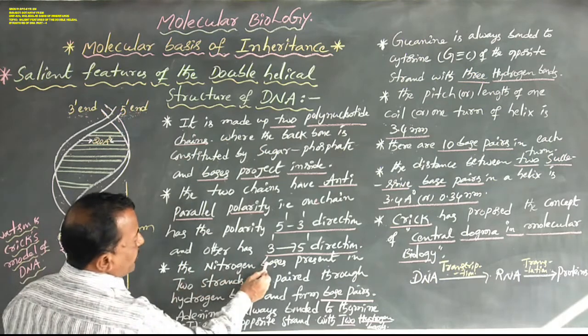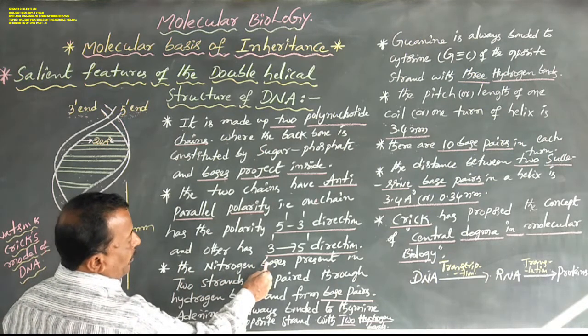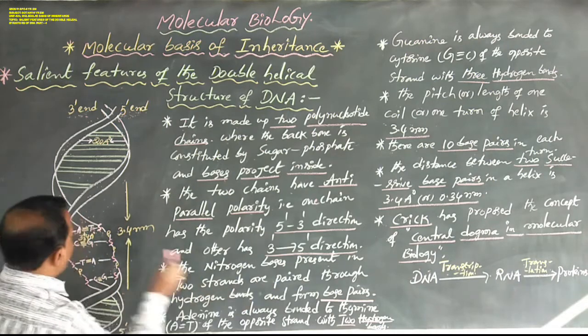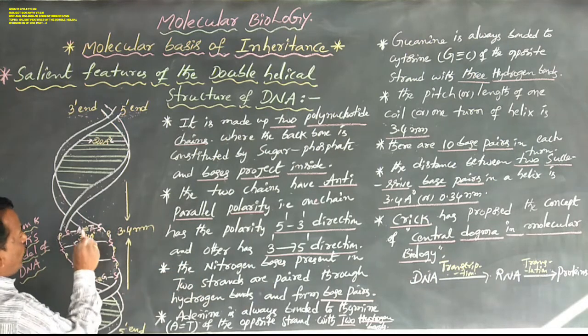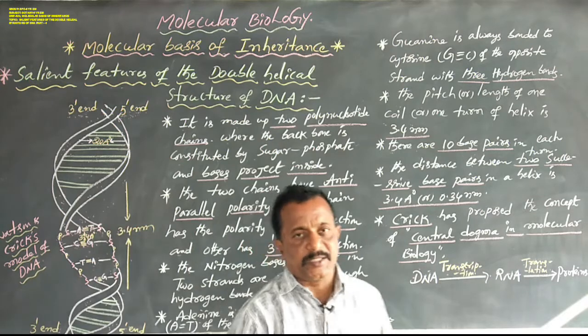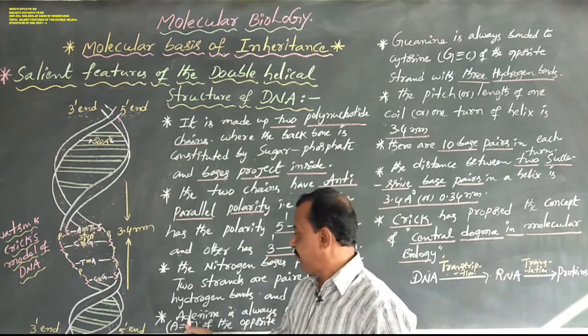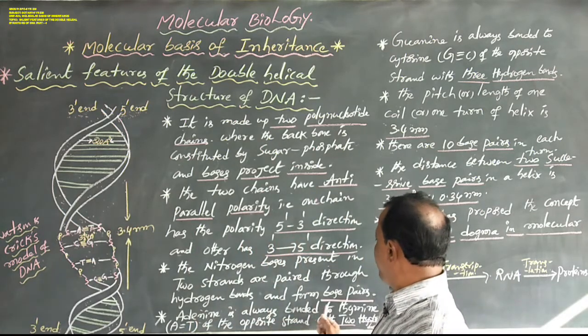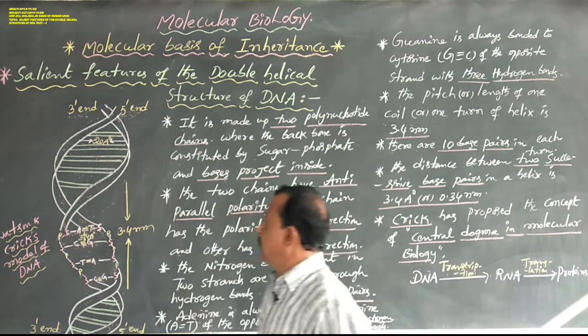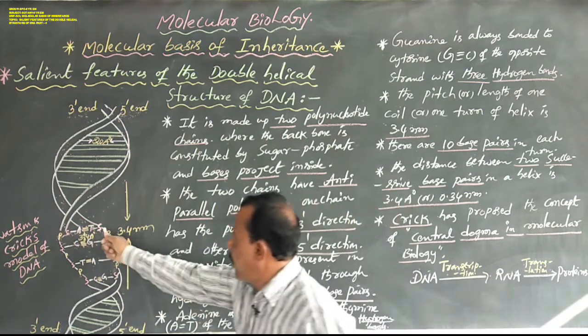The nitrogen bases, that is adenine, guanine, thymine, and cytosine, present in the two strands are paired through hydrogen bonds to form base pairs. Adenine is always bonded to thymine of the opposite strand.